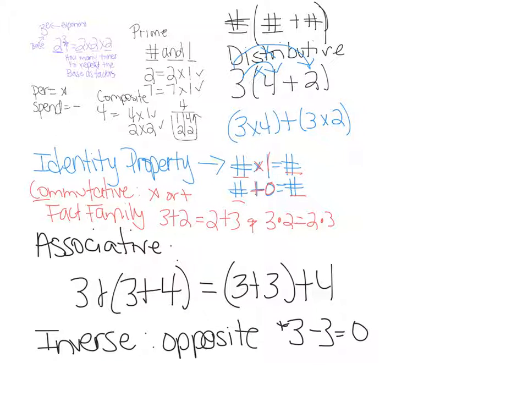And then the inverse for multiplying would be like 3 times 1/3, and that would equal 1. Because the inverse of 3 is 1/3. It's the flip, that reciprocal. So just remember that whenever you're looking at it.